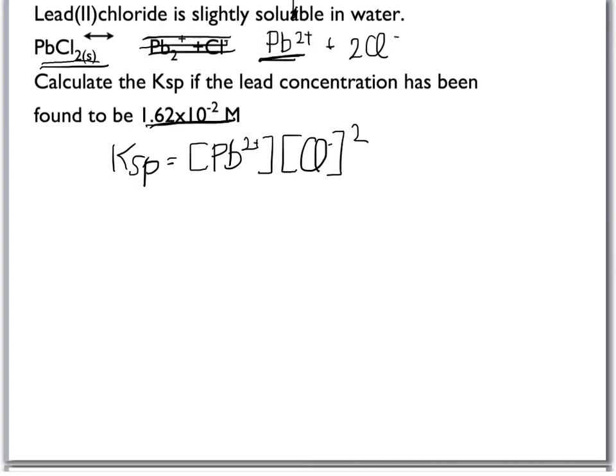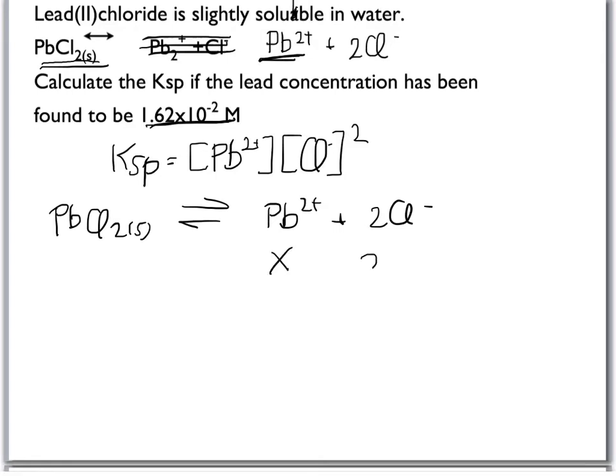I'm going to rewrite this down here. So this is my reaction. Lead 2 chloride will break down to form Pb 2 plus and 2Cl negative. If lead is X, then chloride is 2X, because we have to make sure that we're dealing with the stoichiometry.